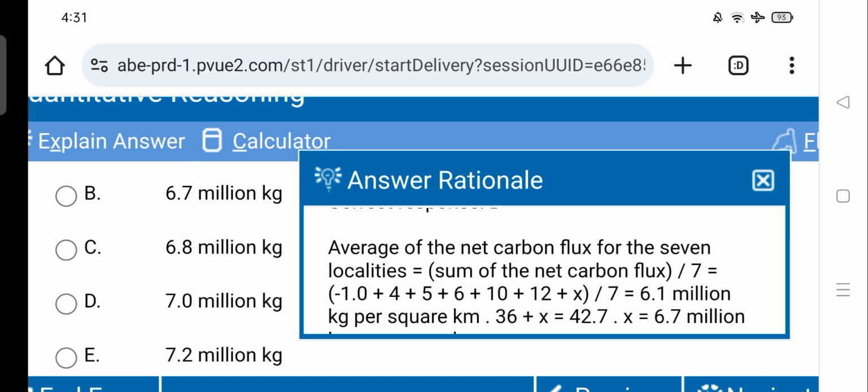The average of the net carbon flux for the 7 localities equals the sum of the net carbon flux divided by 7, which equals (1.0 plus 4 plus 5 plus 6 plus 10 plus 12 plus x) divided by 7, equals 6.1 million kilograms per square kilometer per year.